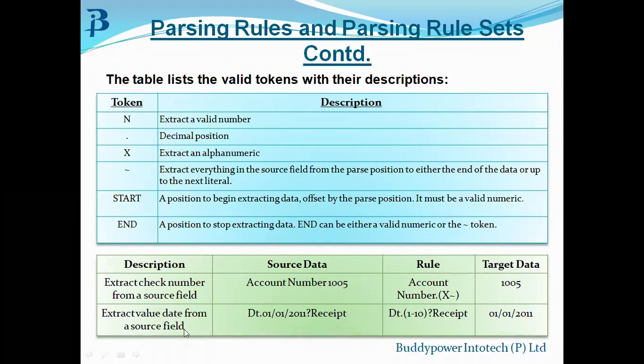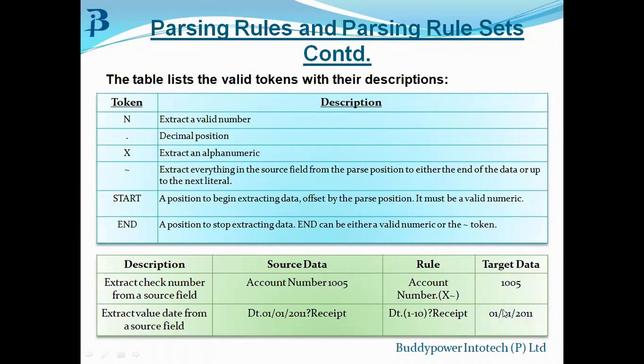There's another example where you parse a date from a source field. This is your source field, which is a receipt. Then again you're given a description. This is the rule that you're setting. This is your target data, saved as this date. This is an old example. Basically, it gives a rule saying you have to process the receipts till the month of January 2011, or the receipts received on that particular date.